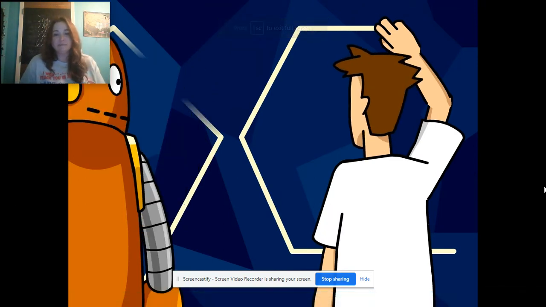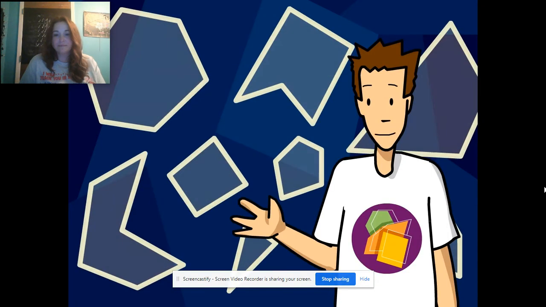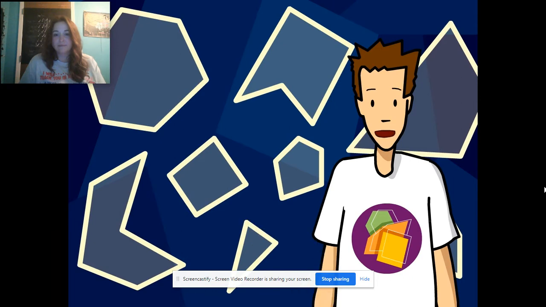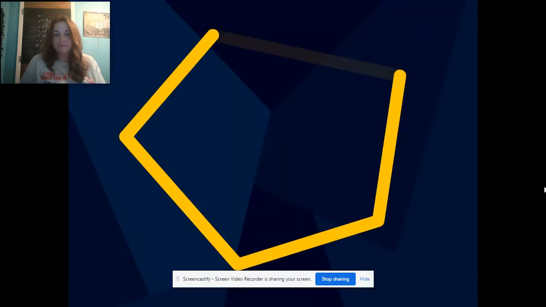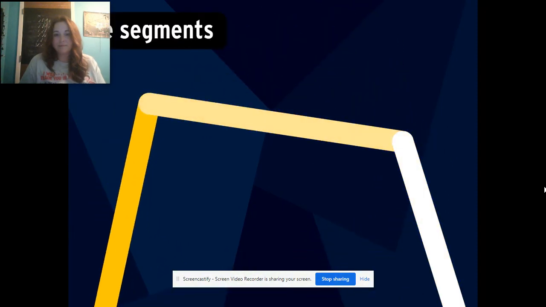Hey, stop that. Dear Tim and Moby, what's a polygon? From Kai. Well, these are polygons. For a shape to be a polygon, it has to meet some specific criteria. A polygon is a closed figure made by three or more line segments, or sides as we call them. Each line segment in a polygon intersects exactly two others.